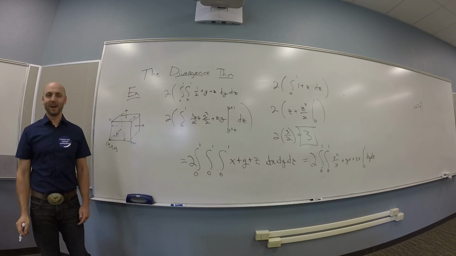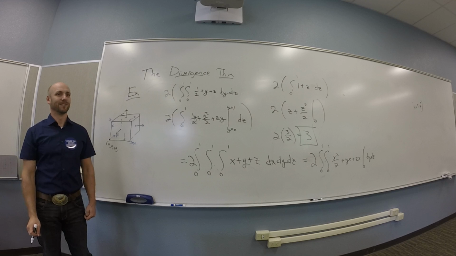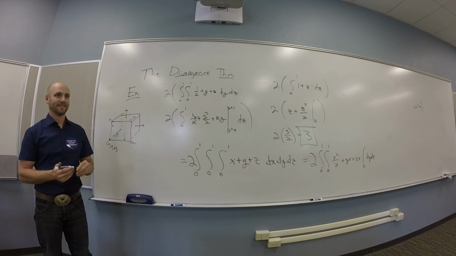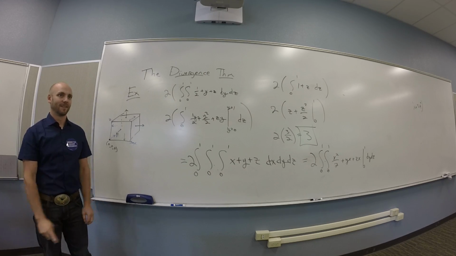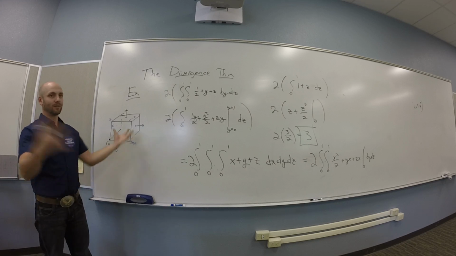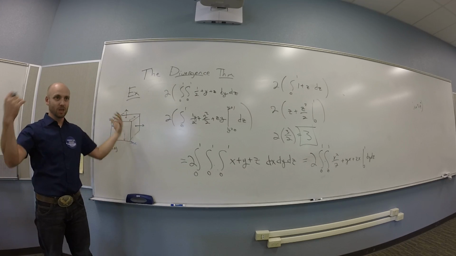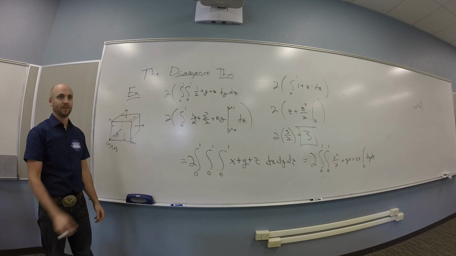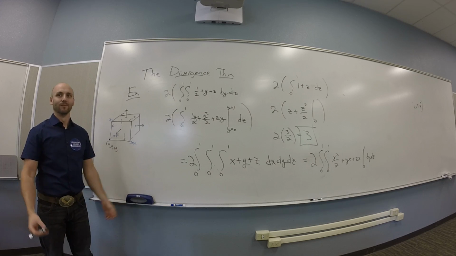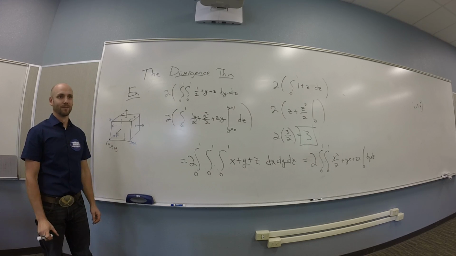Cool. 3. What does that mean? That there's 3 flux. On the net, this stuff is leaving the cube at a rate of 3 units per time, kind of. The cube is leaking. This is a leaky cube.